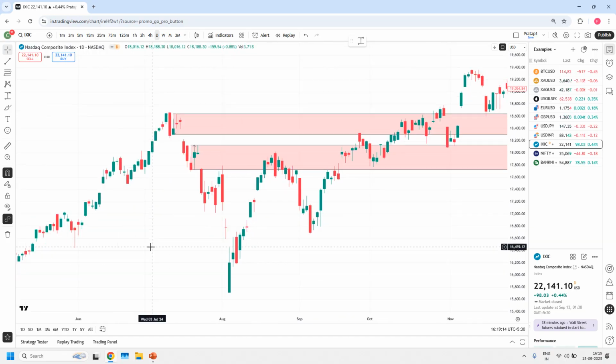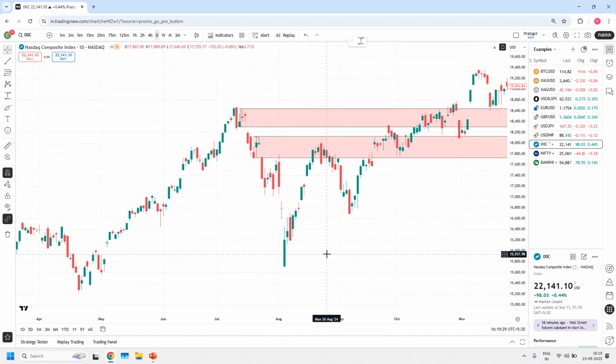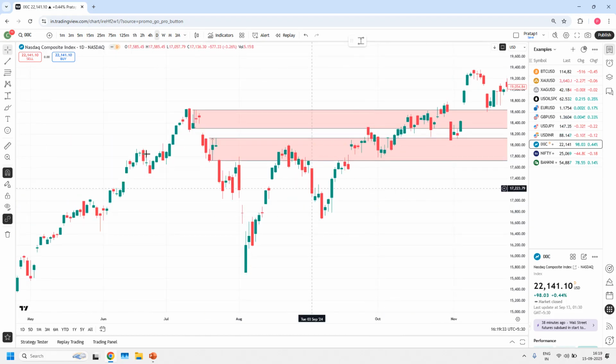But whatever it is, you should understand a leg out with gap. See here, you have a drop candle with a gap. That's why this zone is having excellent strength. Strength of the zone is excellent. This is NASDAQ index.